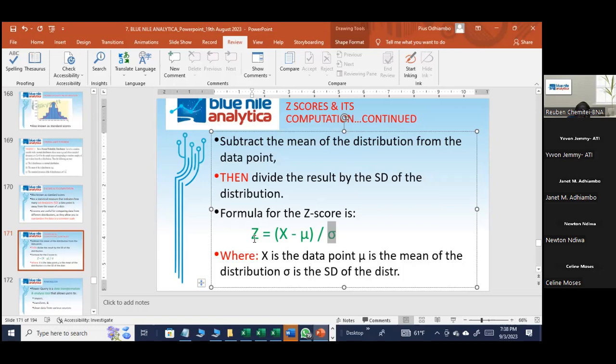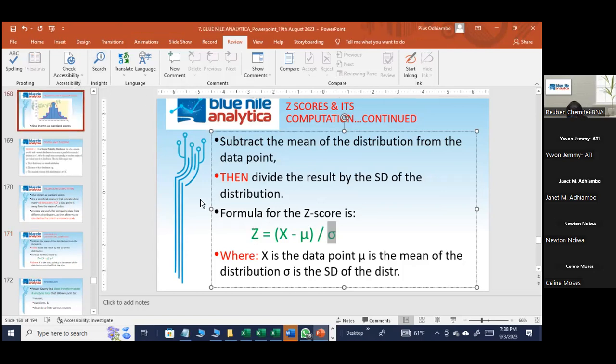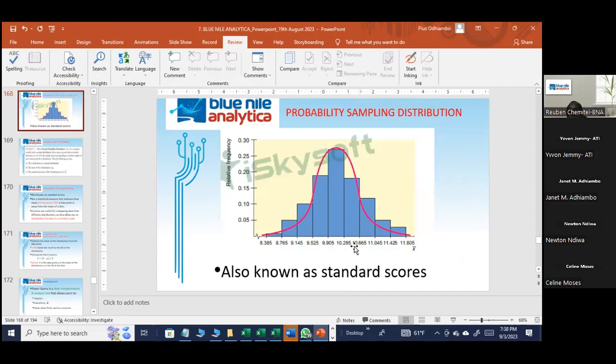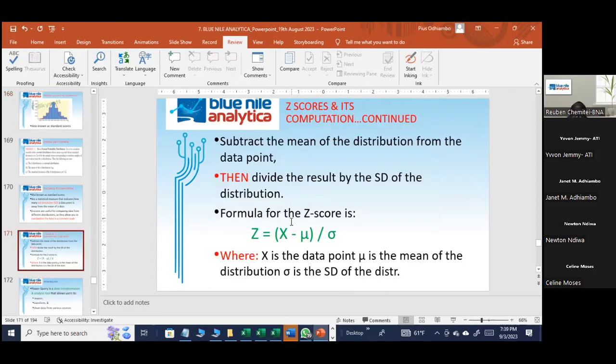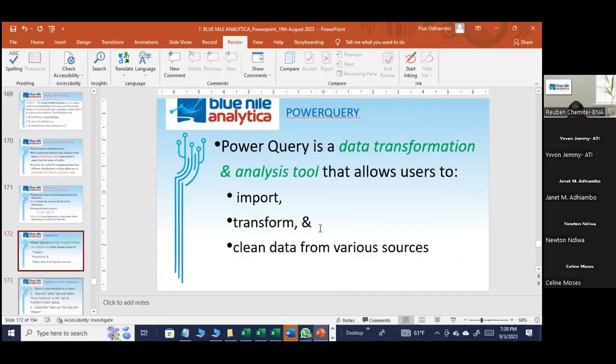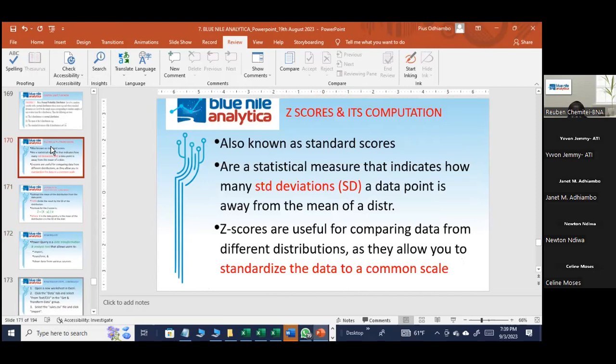Any normal data can be standardized into standard normal. And this has to do with the histogram that we talked about, because from the mean, you get the difference between the value and the mean in terms of standard deviations, and you will be able to calculate that. So I think I have mentioned many things.